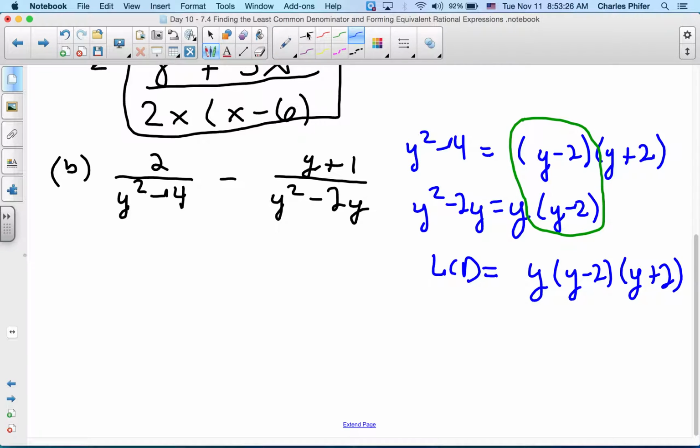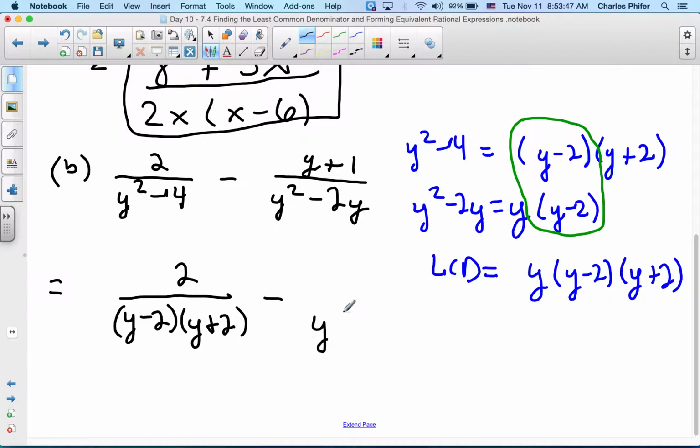Okay. So I'm going to go ahead and factor my denominators here. So we have y minus 2 times y plus 2. The numerator stays as 2. Minus, this factors into y times y minus 2.